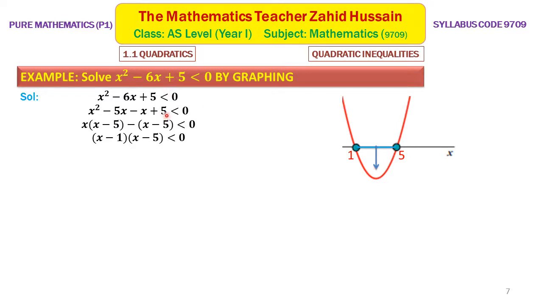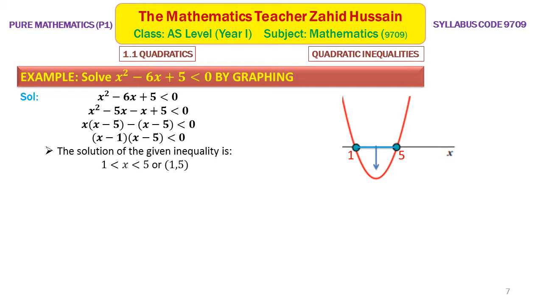If there were a greater than sign, then when x is less than 1, y is positive, and when x is greater than 5, y is positive.